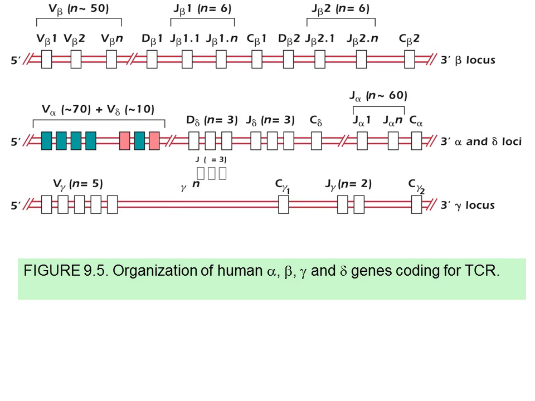In heavy chain, we have gamma, alpha, mu, delta, epsilon. In light chain, we had lambda and kappa. They both are coming from different loci, from the choice of genes that you have. So this is your germ line, for example. You can see when you have to pick up a gene from a V segment, a J segment, we have an option there, an option of 50 different genes, an option of 6, an option of 6.